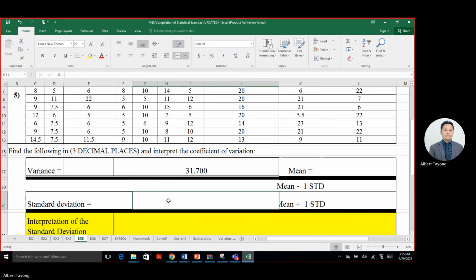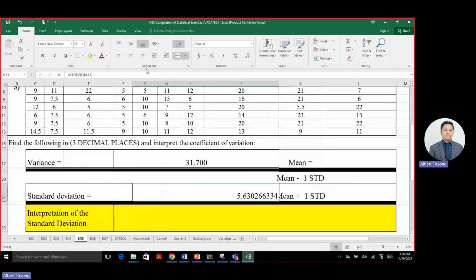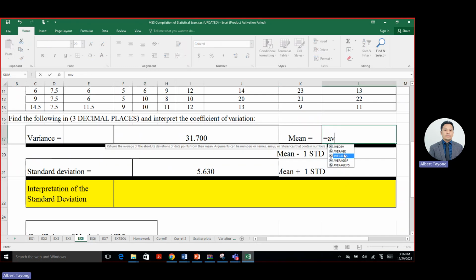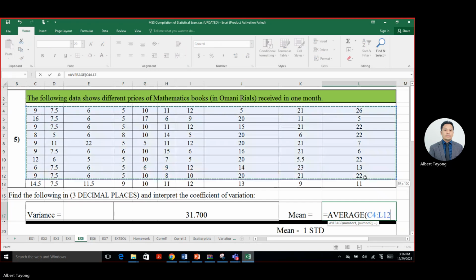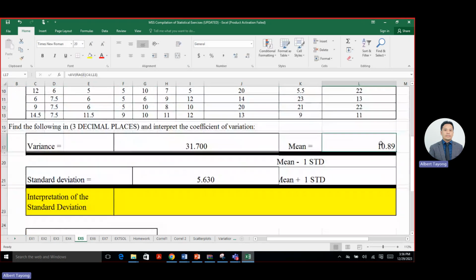31.7. Standard deviation equals STDEV of these numbers. Answer is 5.63 something. Right, and the mean equals the average of these values. 10.89, we can increase this a little bit.